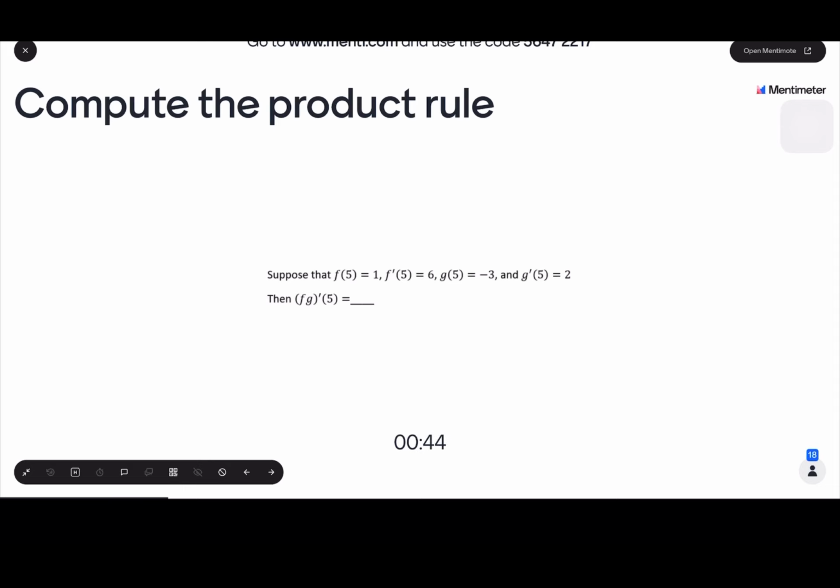Okay, so 40 seconds left. Yeah, 20 seconds.